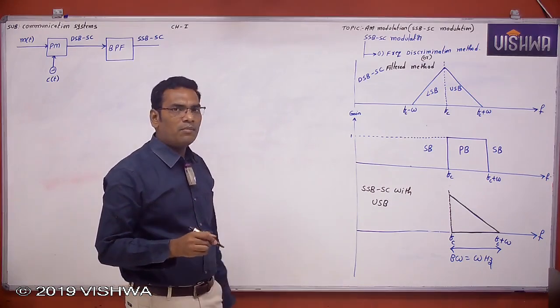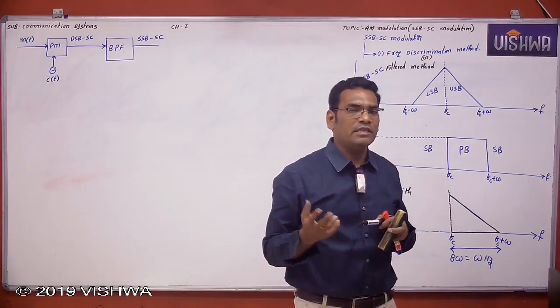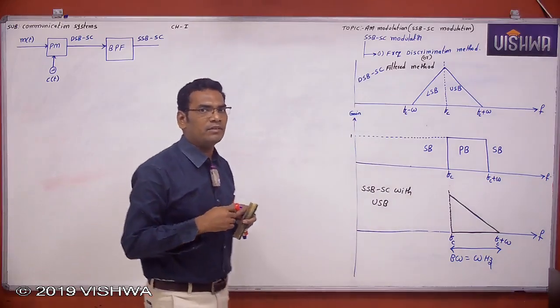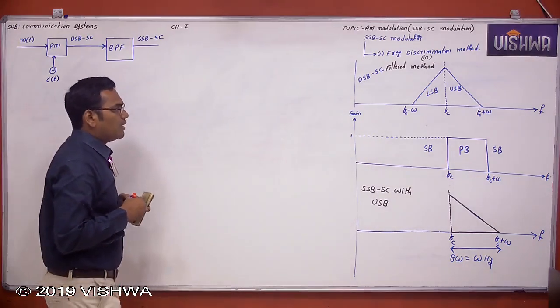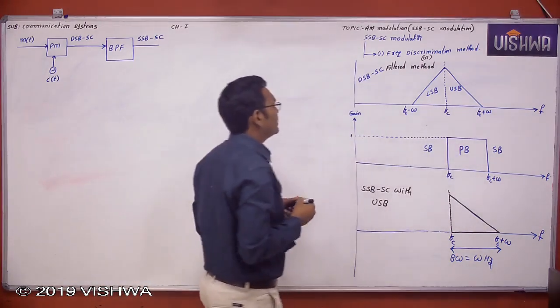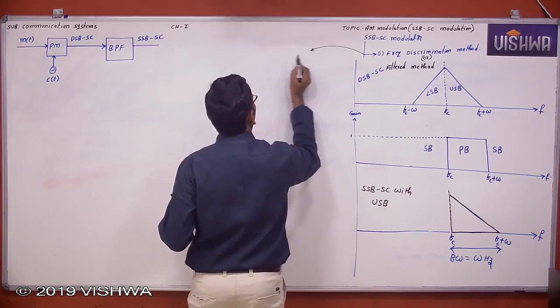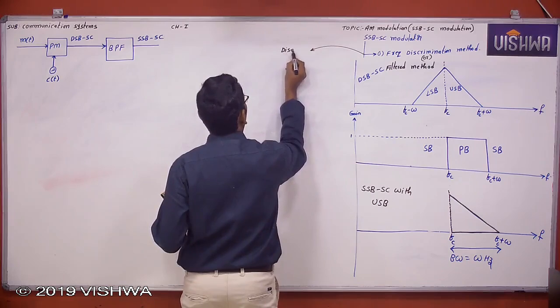So what is the problem? Anyway, we can get the bandwidth omega hertz, which is reduced by 50% compared with the bandwidth of AM and DSB-SC. But what is the disadvantage of the frequency discrimination method?